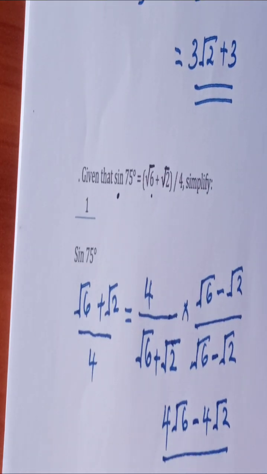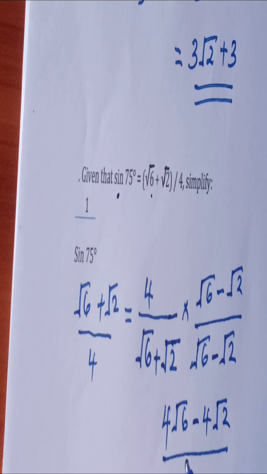Under the denominator, this is the difference of two squares. So we say it is root 6 squared minus root 2 squared.